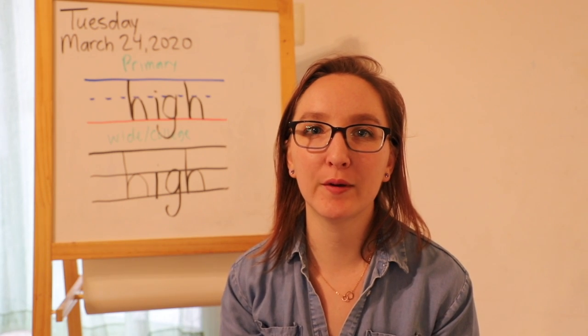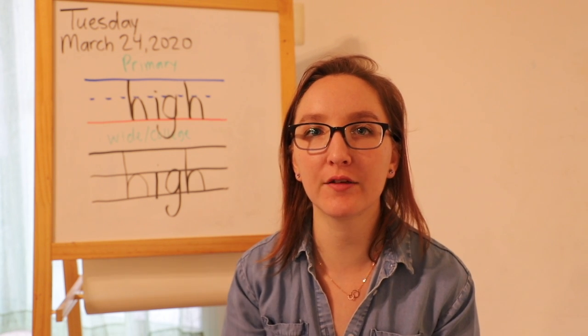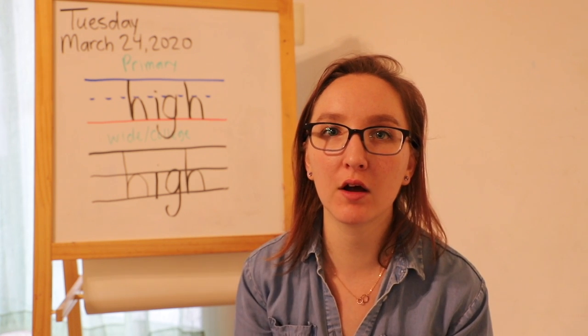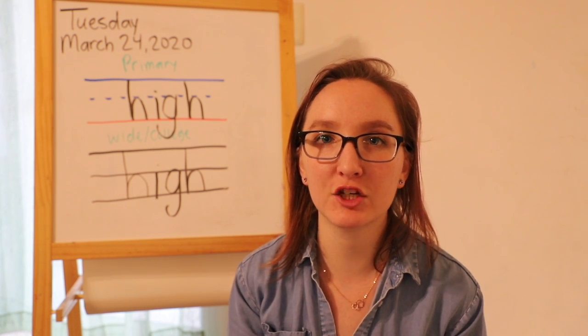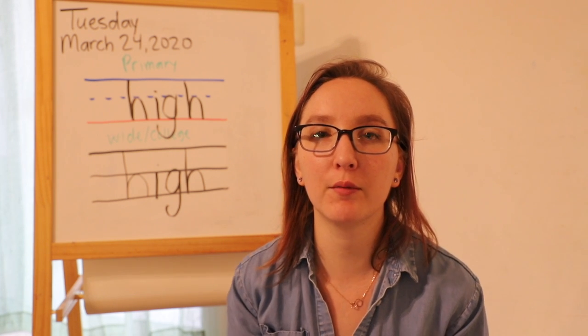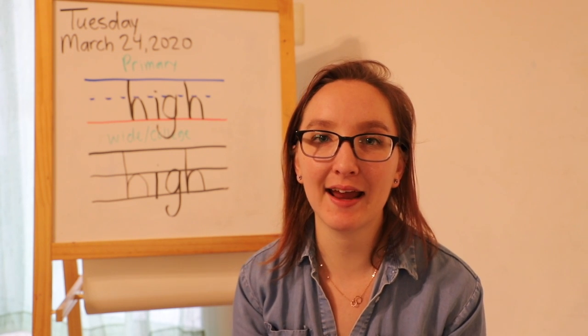I'm going to try and set up an assignment on either Google Classroom or ClassDojo to see how your journals are coming along and see what you've been drawing for each day. Don't forget to put the date at the very top so that we can track how their changes are happening day to day.